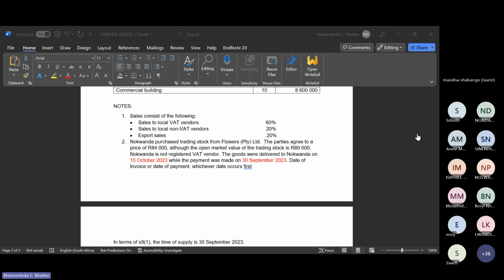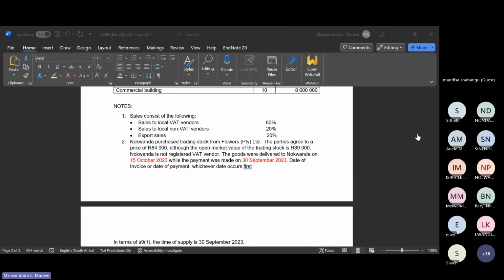Then you go to your scenario now: when the goods were delivered, or when the goods were made available, or when the service was performed. In our case, it is indicated that the goods were delivered on 15 October.